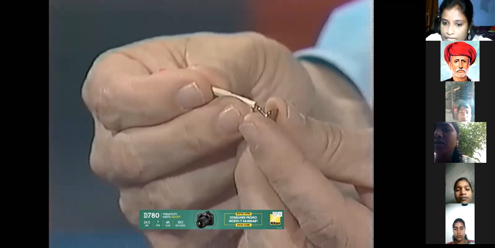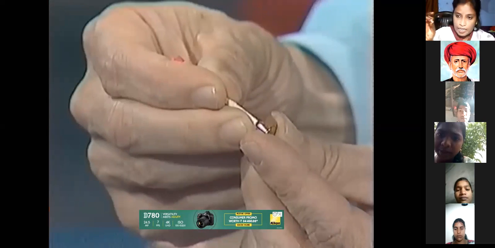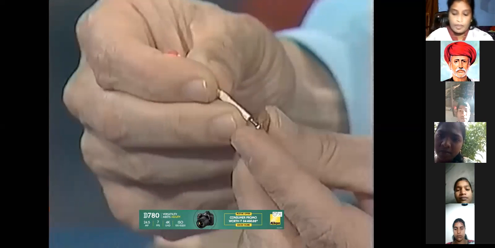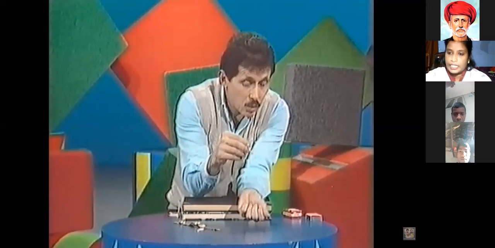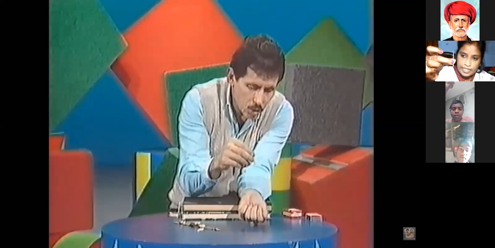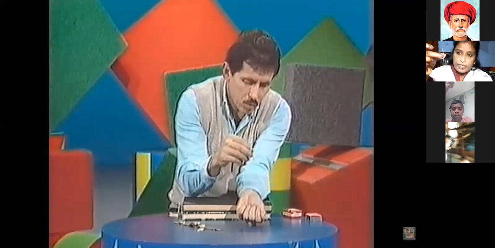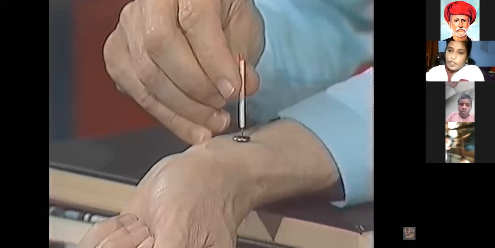We take a matchstick and a wooden pin, and insert the pin into the matchstick, and place it just like on our wrist.